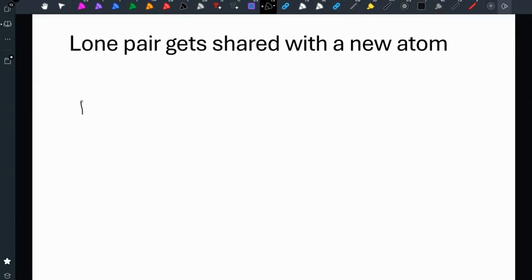Let's say I have a bromide ion. Bromide ion has 4 lone pairs. And let's say it comes across this thing, which we call a carbocation. Remember, a carbocation has an incomplete octet.